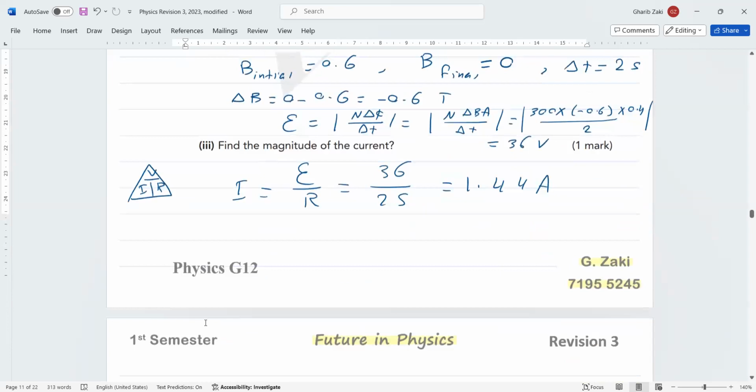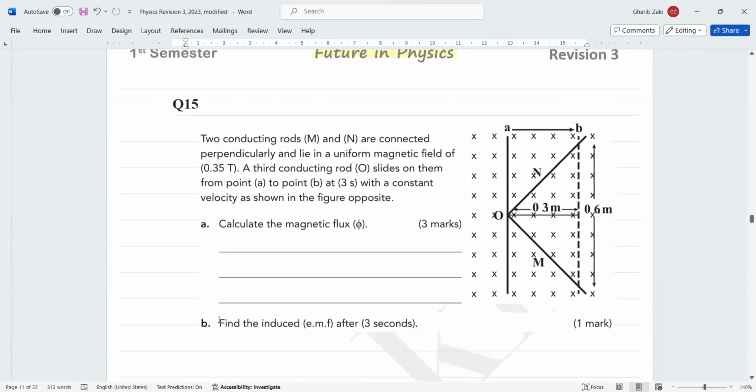Next question. Yeah, think of that question, guys. In that revision, we will cover, inshallah, all the ideas about induction. Read the question, be careful, and try to understand.